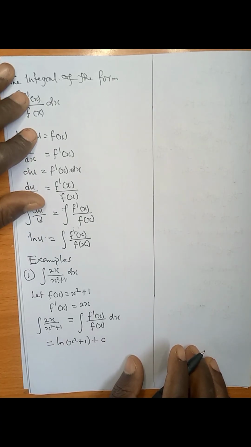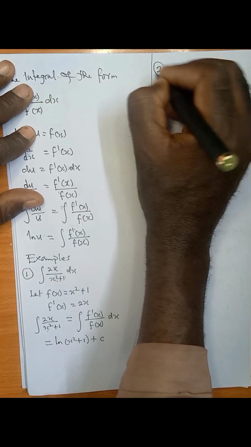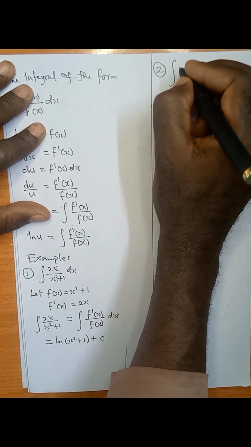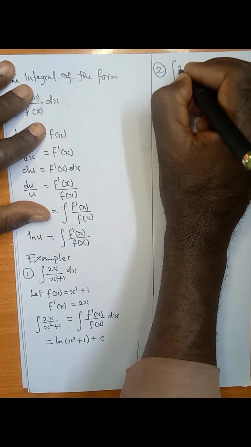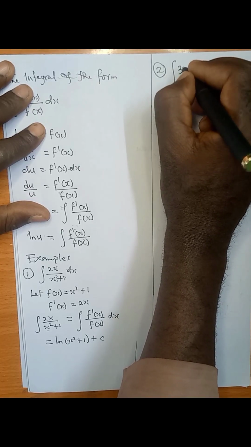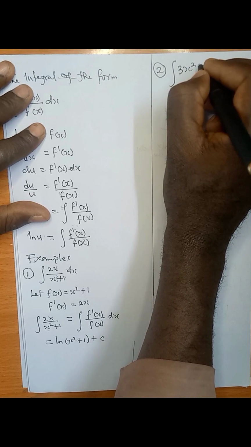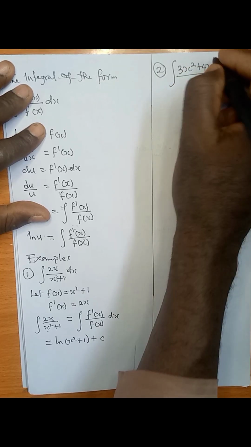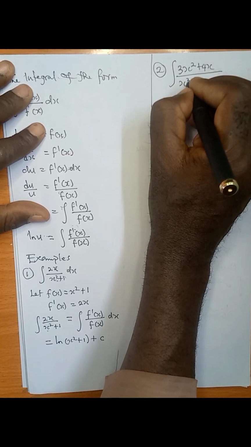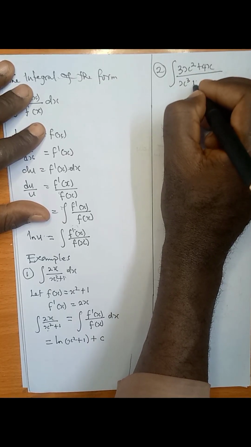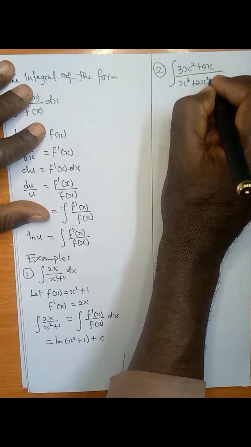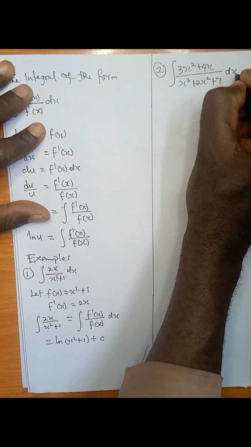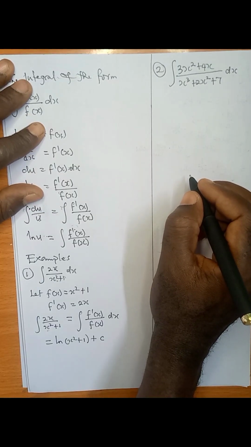Now let us look at number 2. If you are given the integral 3x squared plus 4x over x cubed plus 2x squared plus 7 dx, we are to integrate it.